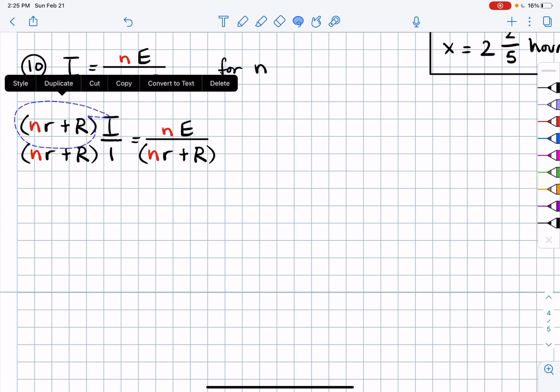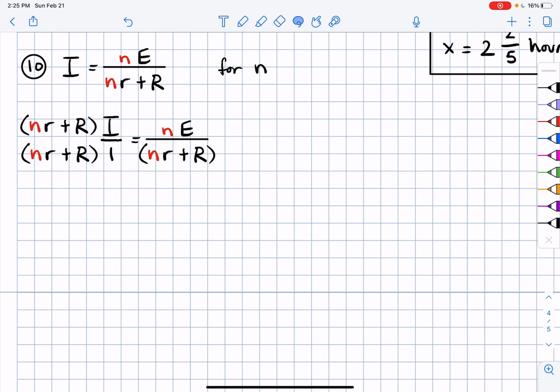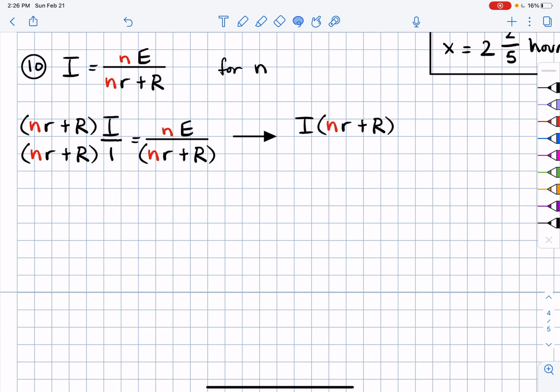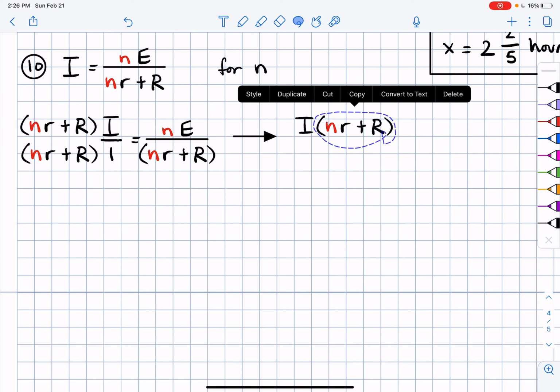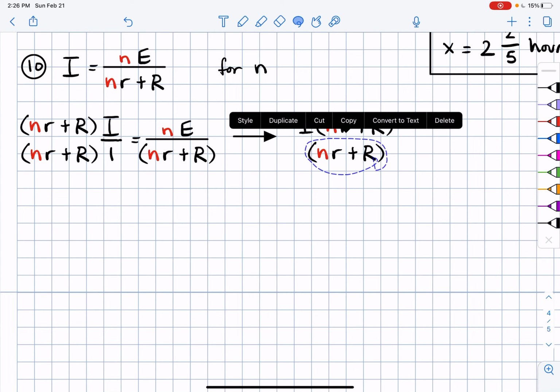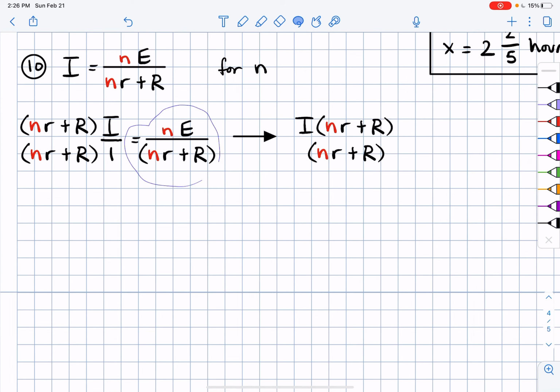Whatever we do to the top, you got to do to the bottom, and the one on the right has it already. So now I have I times this over this is equal to that.